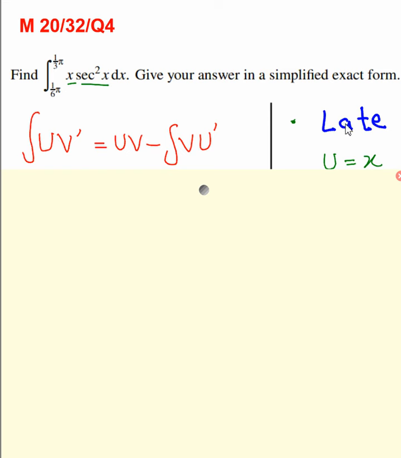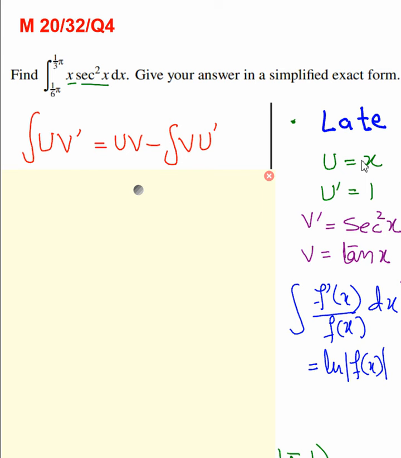This is the order in which we give priority to select u. Now there is no log in it, but there is a polynomial, which is x. So my u will be x, and v prime will be sec square x.